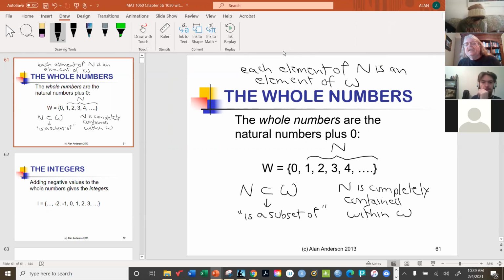So you can see N is completely contained within the whole numbers, which means that N is a subset of W. Every element of N is also an element of W.